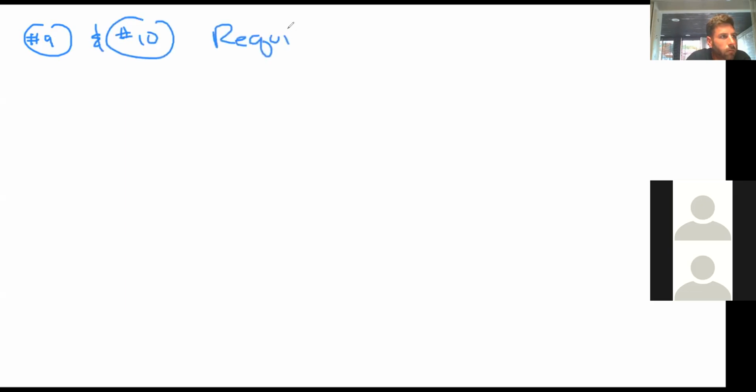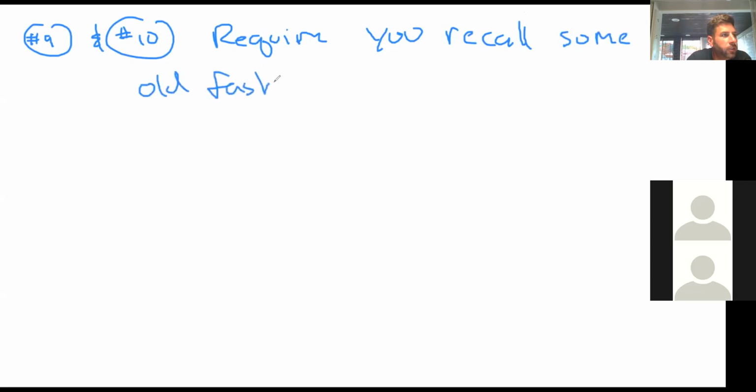Number 9 and number 10 are very much the same in that they require that you recall some old fashioned algebra. Namely the following.